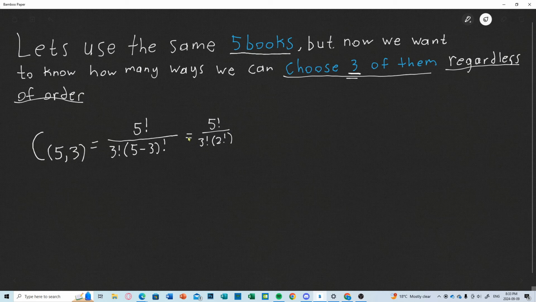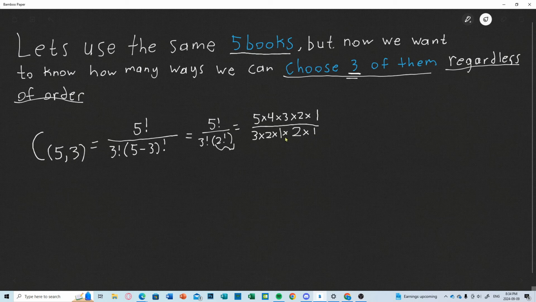Now you can put this into a calculator to get your answer, but I'm going to expand it out a little bit more just so we get to see the full way of how it works. So our numerator is going to become 5 multiplied by 4 multiplied by 3 multiplied by 2 multiplied by 1, and our denominator is going to be 3 multiplied by 2 multiplied by 1 multiplied by our new factorial, which is going to be 2 multiplied by 1.